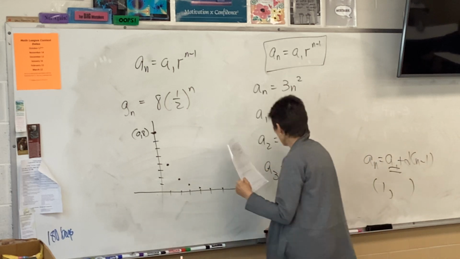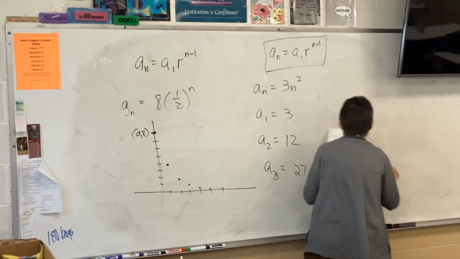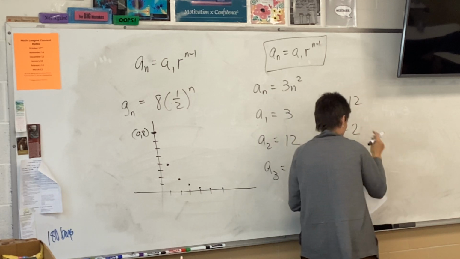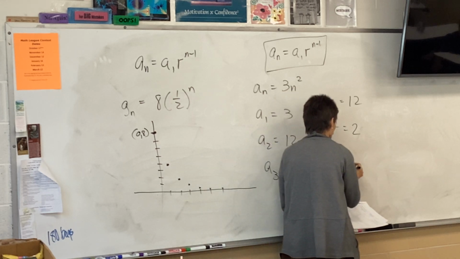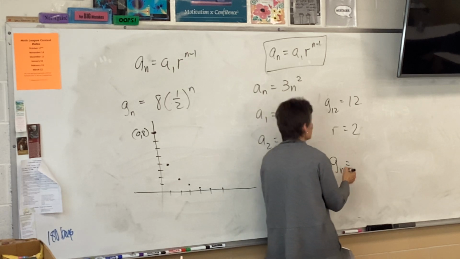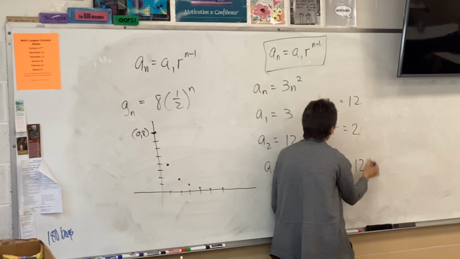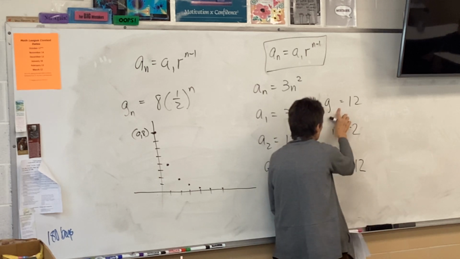I know the first term is 12. And I know my ratio is 2. And I want to find a formula. Oh, that's a no-brainer. The formula is going to be what? Oh, wait. The first term is 12.